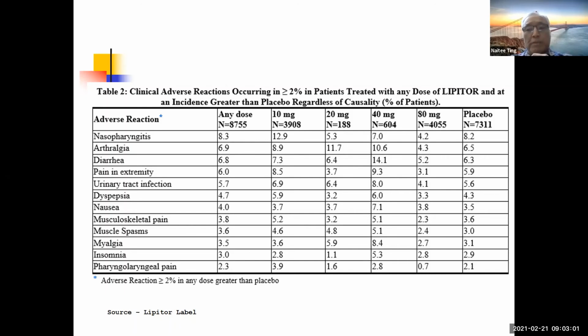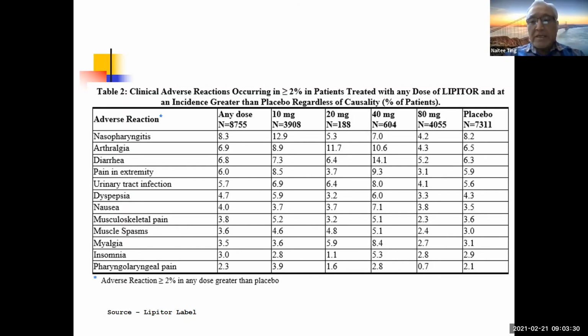And if you do a large molecule, they call it BLA, Biological License Application. If you go to Europe, they call it MAA, Market Authorization Application. And if you go to Canada, they call it NDS, New Drug Submission. Different countries have different names. But then ICH says, why don't we call them CTD, Common Technical Document, so that if you can put together one document, you can submit across all countries.